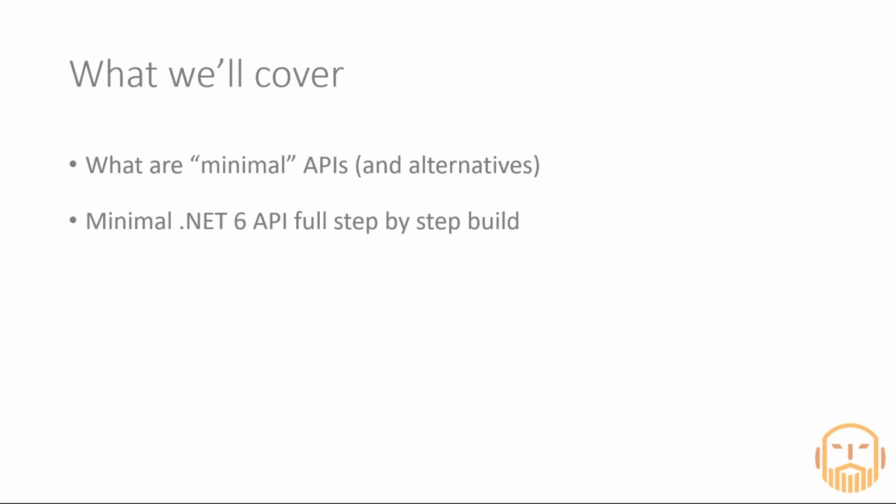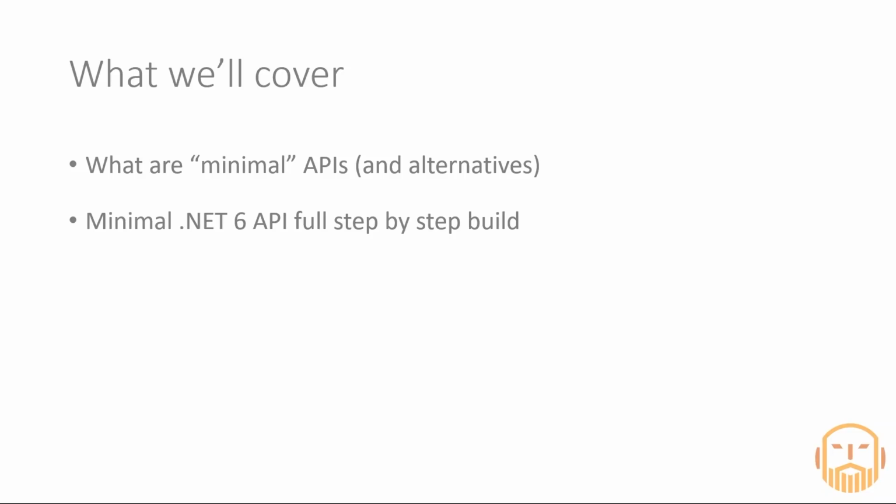So this is what we're going to cover in today's video. We're going to look at what minimal APIs are and some alternatives, or the main alternative within the .NET landscape, which is MVC controller-based APIs. We're going to do a full minimal API step-by-step build. So we're going to have read, write, destroy, and update actions.